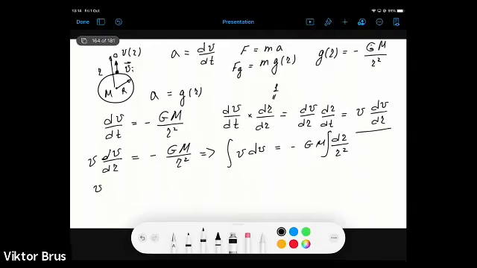So V squared divided by 2 is equal to minus G times mass of the planet times minus 1 over R. And we don't forget about the constant of integration.